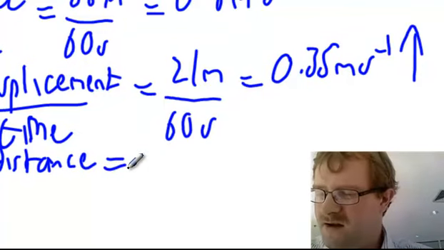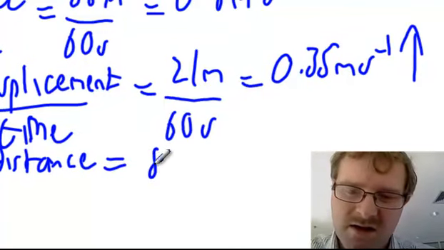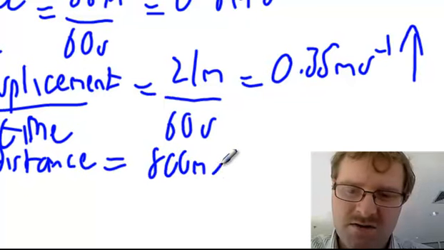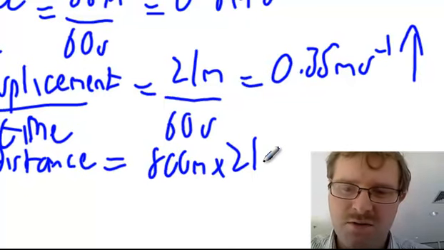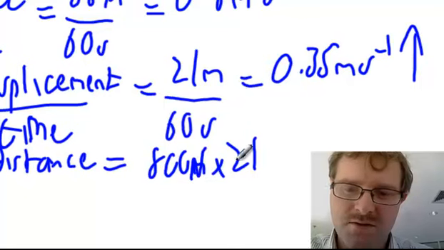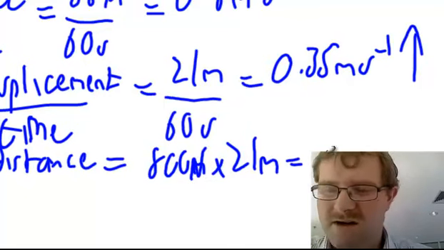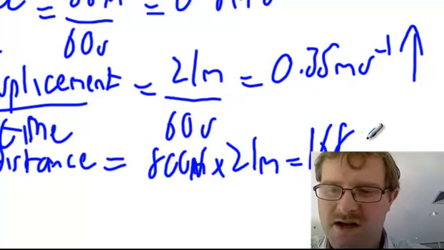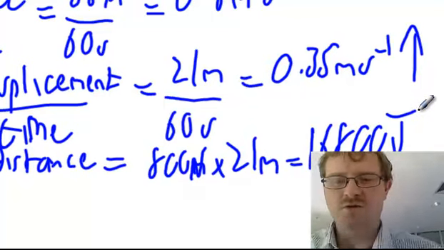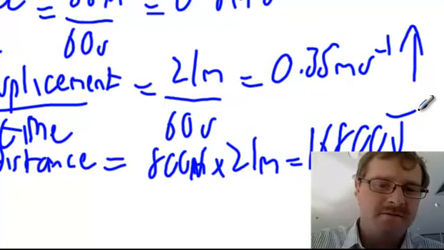So what we have here is 800 newtons multiplied by 21 meters. So that's going to give me a total of 16,800 joules. So final work done.